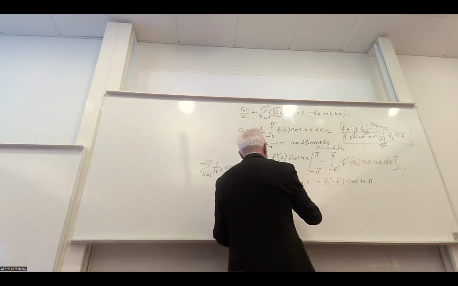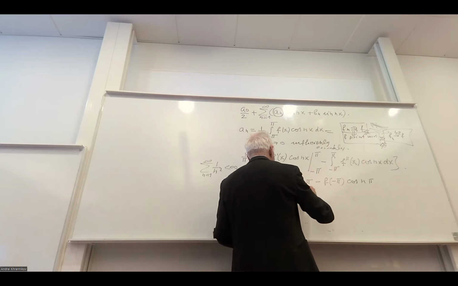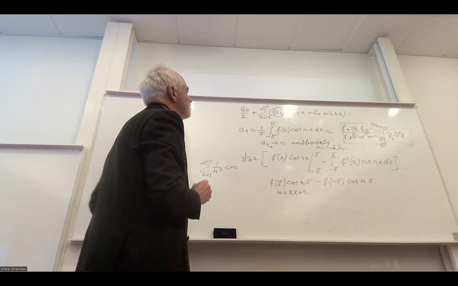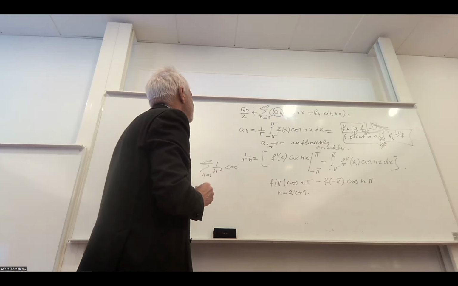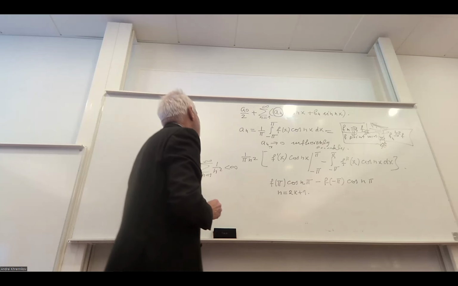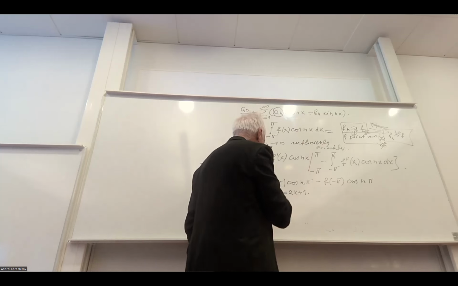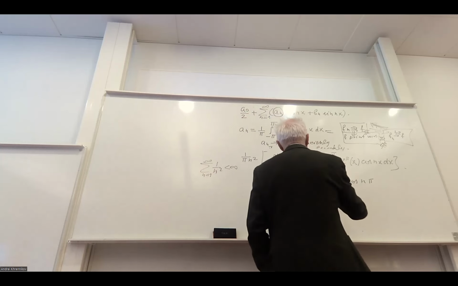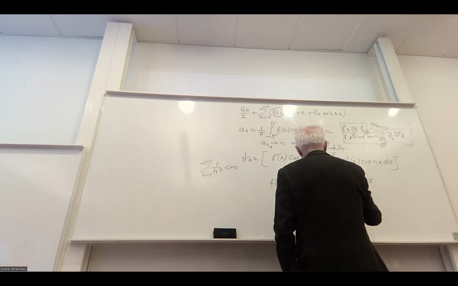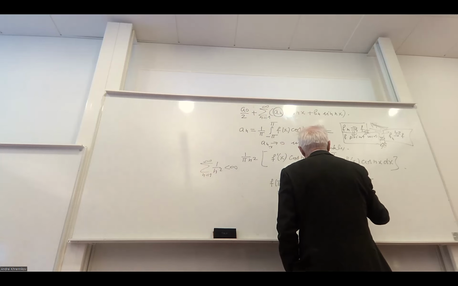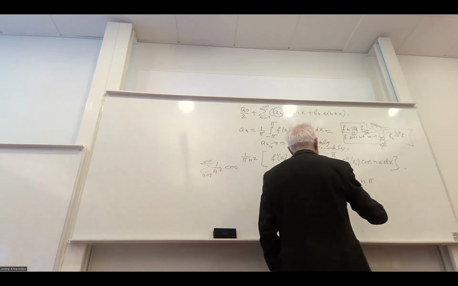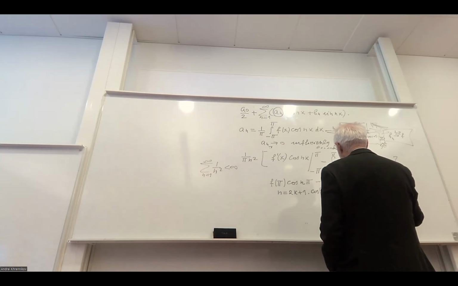Now we should consider 2 cases, n even and n odd. Cos(2 pi k plus pi) is cos(pi), which is minus 1.